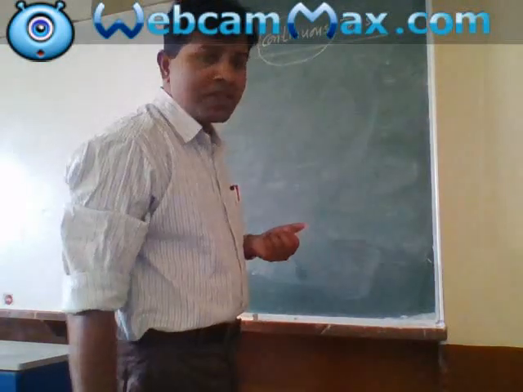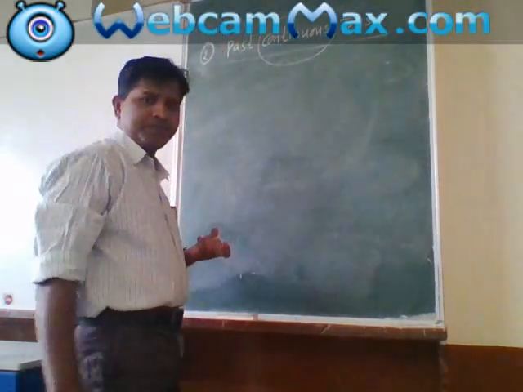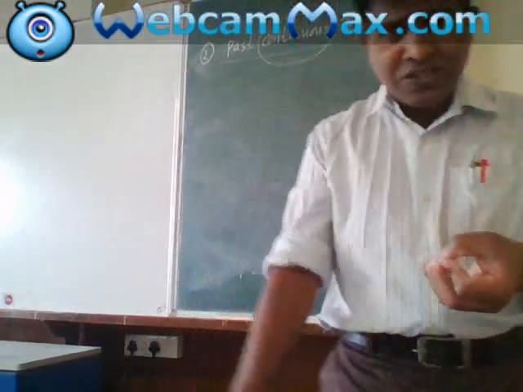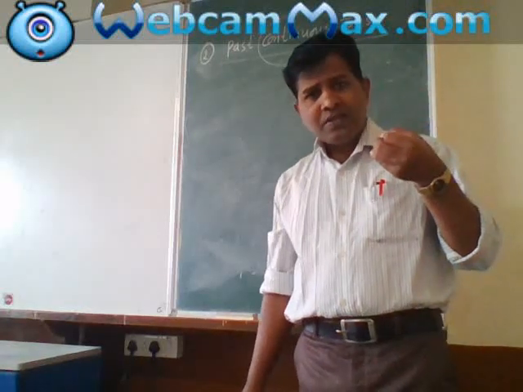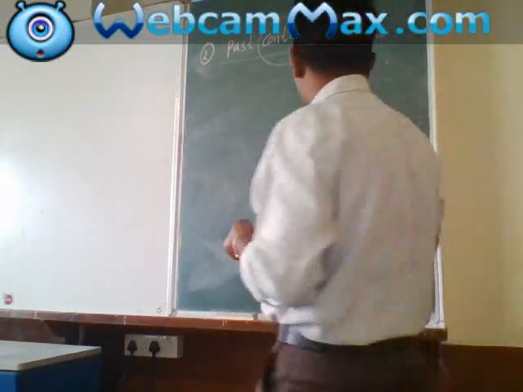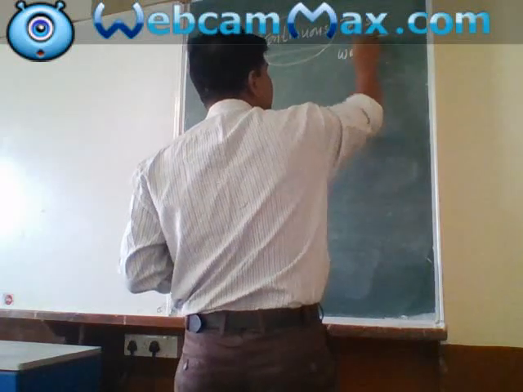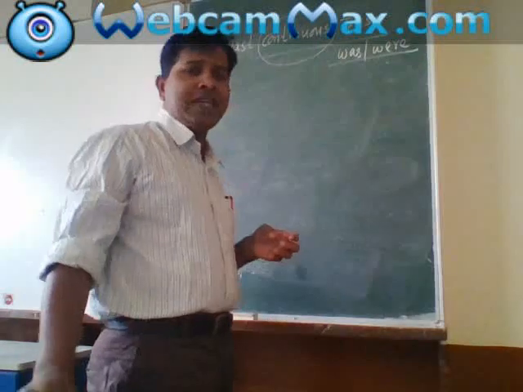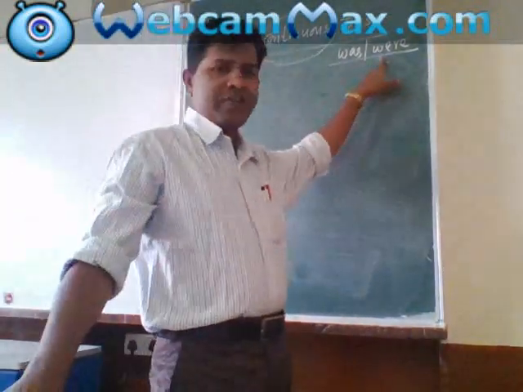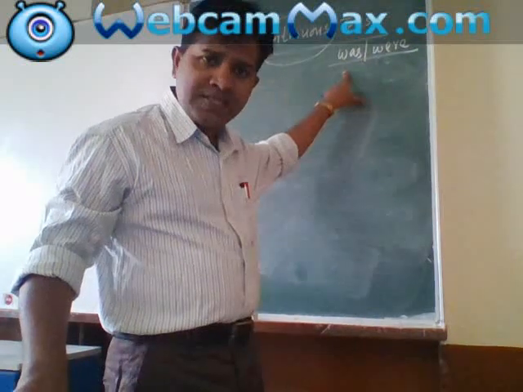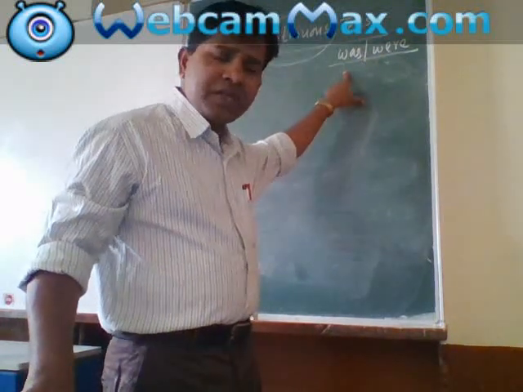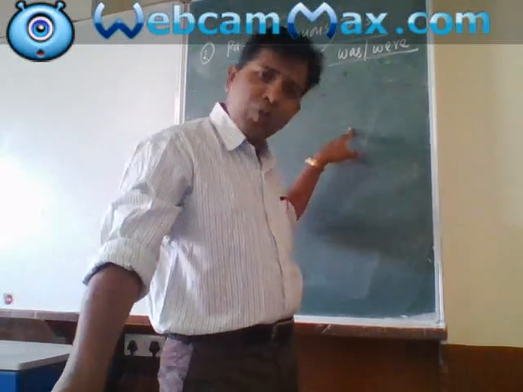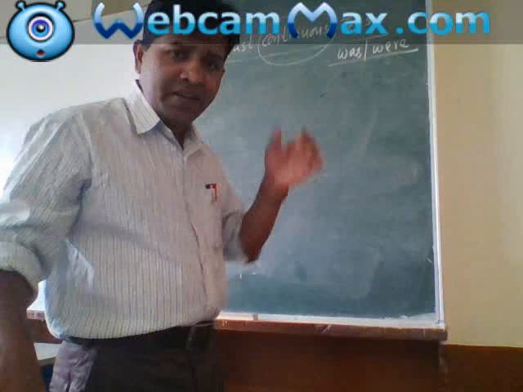Okay. Now you see here, the indicative moods used in the past continuous tense are was and were. Let me say verbally: was, were. I was, we were, you were, he, she, it was, they were. Okay.